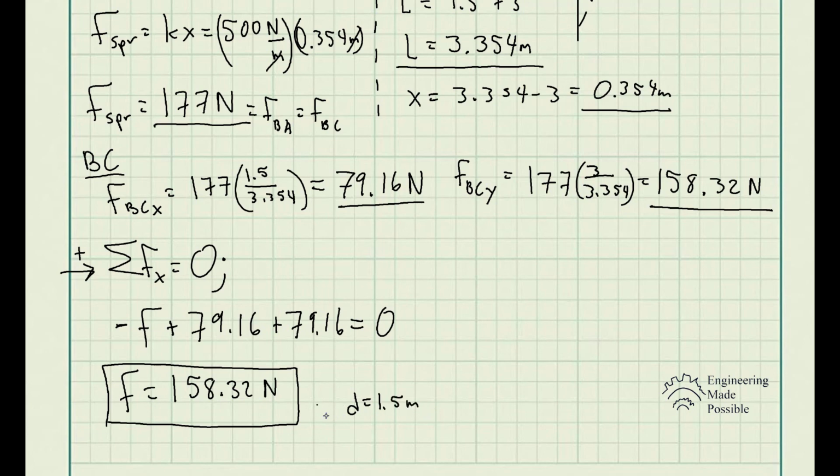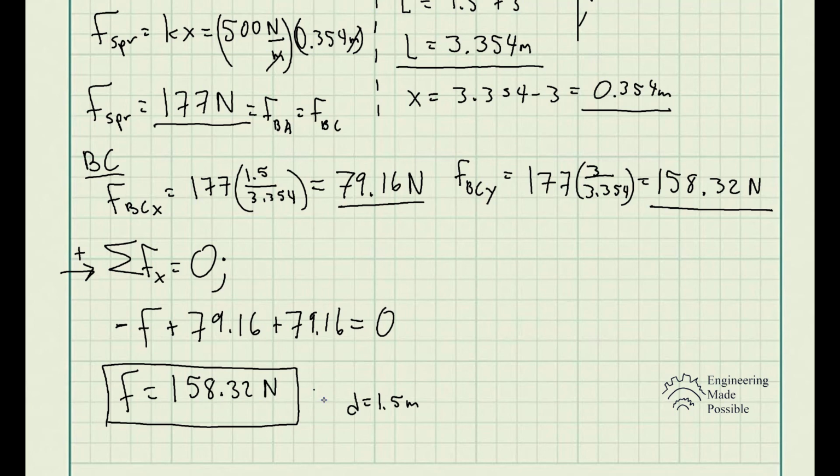So this is how you solve these problems when it comes to static equilibrium, where you utilize free body diagrams to draw the necessary forces. You usually have to deal with geometry to get either the angles or the lengths.